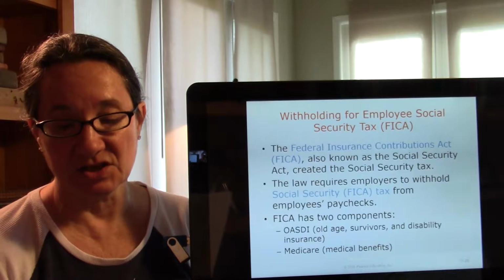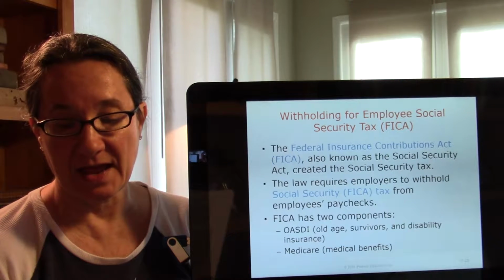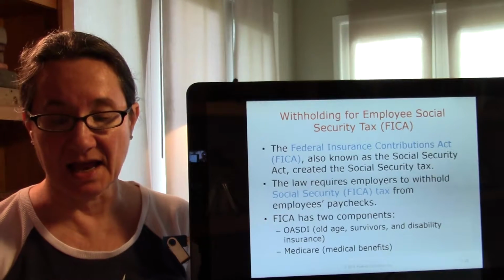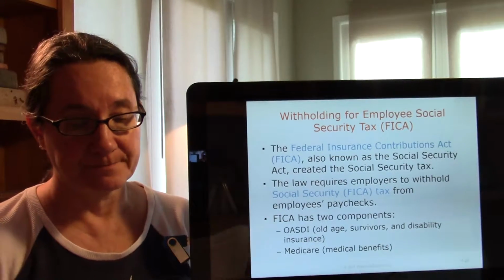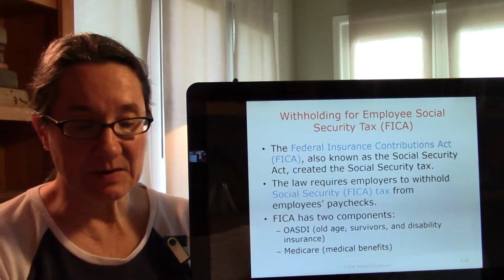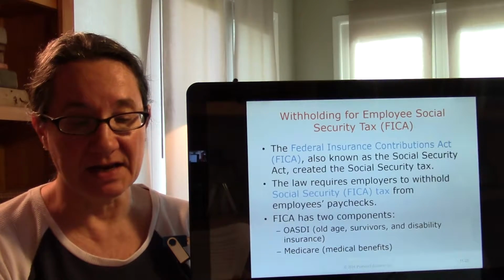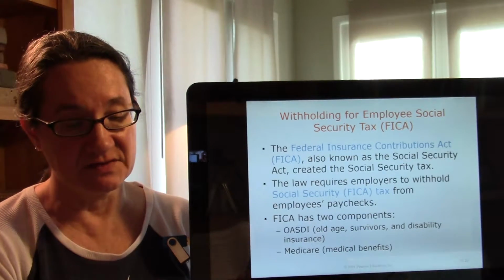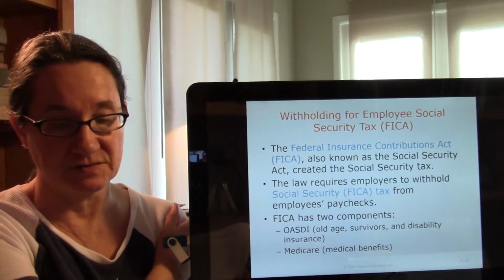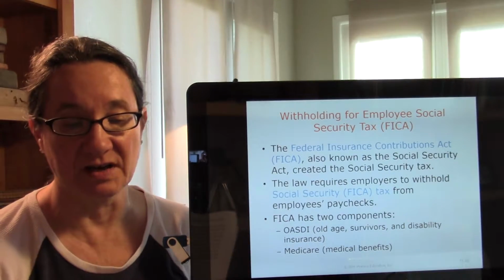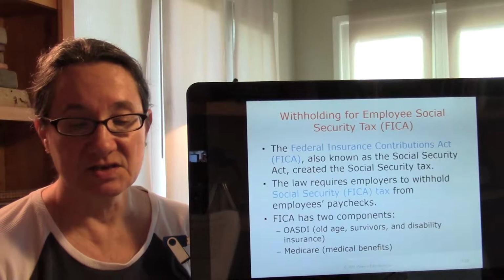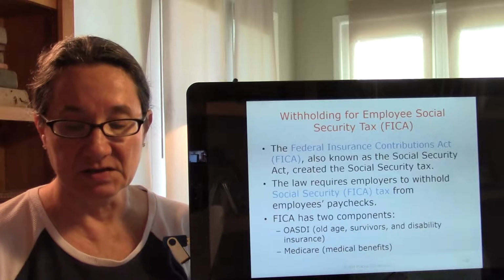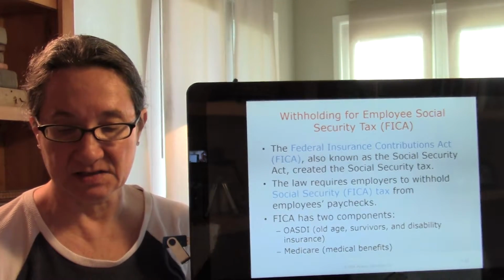The FICA tax has 2 components: OASDI, which is Old Age Survivors and Disability Insurance, and Medicare. OASDI provides retirement benefits to individuals based on age, benefits to survivors of qualified individuals, and disability insurance to individuals who cannot work because of a medical condition. The Medicare portion of FICA provides health insurance to individuals based on age or disability. Medicare applies to all employee earnings, which means there is no minimum tax.